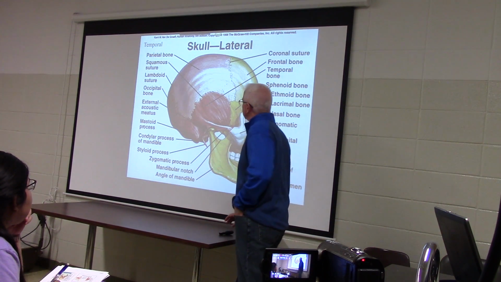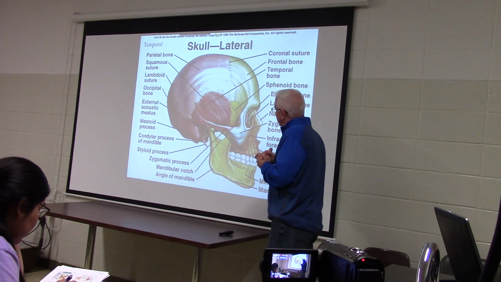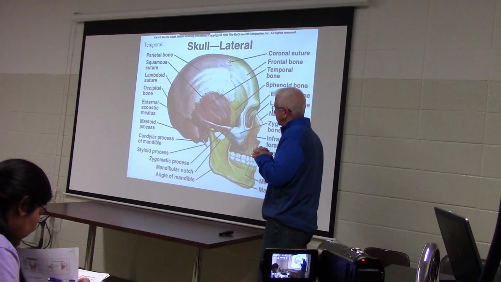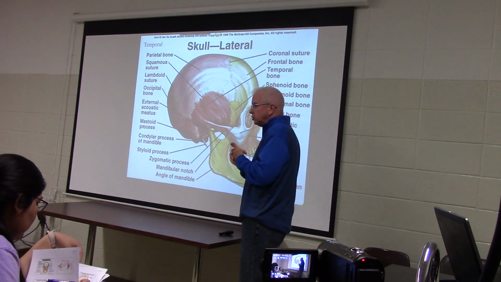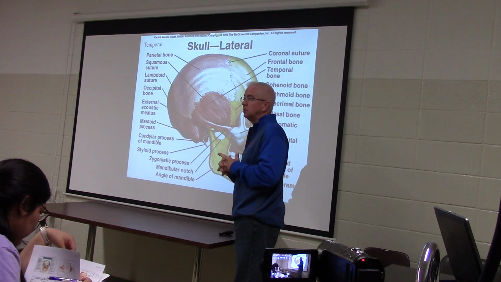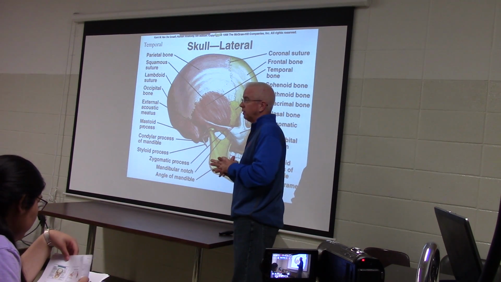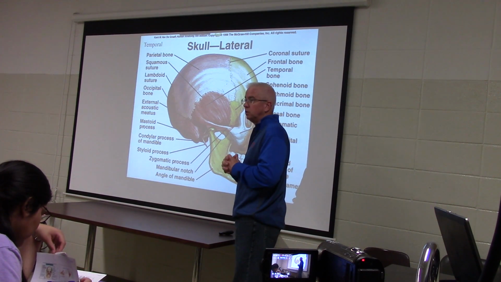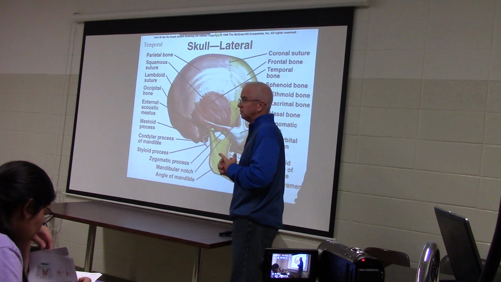Now, let me stop there for just a minute before I move on and see if you guys feel okay with that. Let me tell you what you just learned, what I just dumped on you. I introduced the muscles of mastication to you. I used that as an occasion to introduce you to the trigeminal nerve. And in doing so, I taught you the openings in the skull through which the branches of the trigeminal pass.